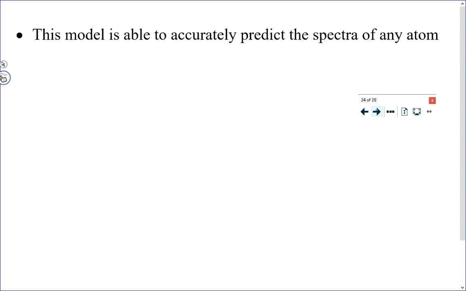So if you crunch the numbers, and the numbers are difficult to crunch because the mathematics is quite complex, for any atom, you can calculate the different wavelengths of light that those atoms emit. And the predictions you get match the values you measure in a lab. So it's a good model of the atom. It's just really complicated, which is the way of the world. The world is not simple.